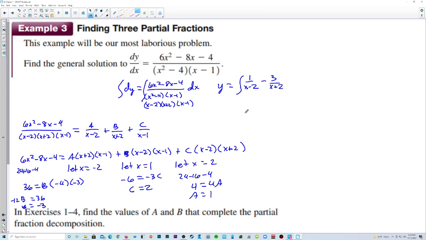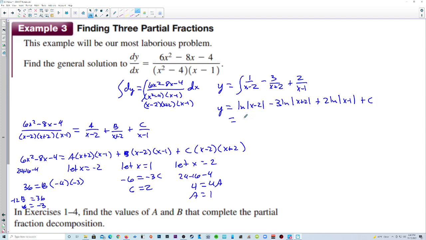And then c is 2, so plus 2 over x minus 1. So y is equal to natural log of the absolute value of x minus 2 minus 3 natural log of the absolute value of x plus 2 plus 2 natural log of the absolute value of x minus 1, and then plus c.